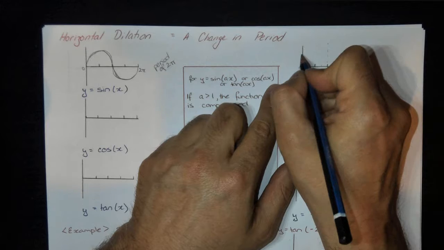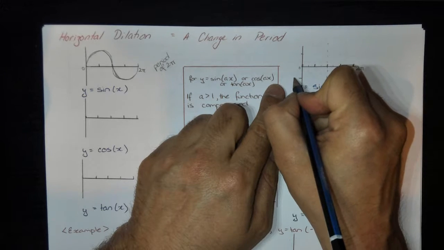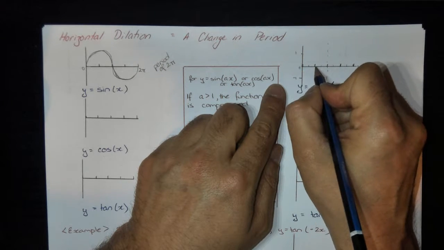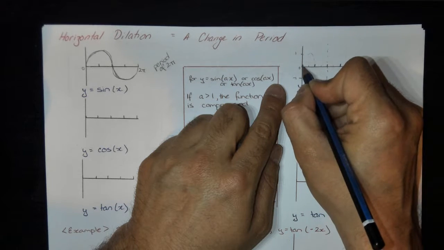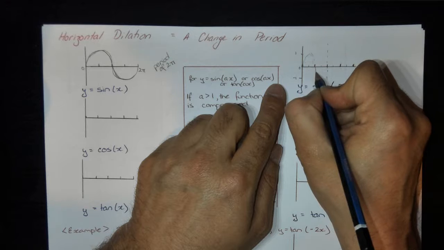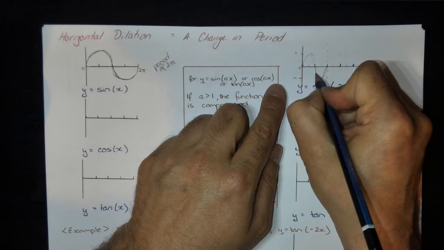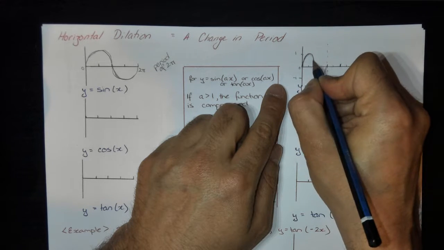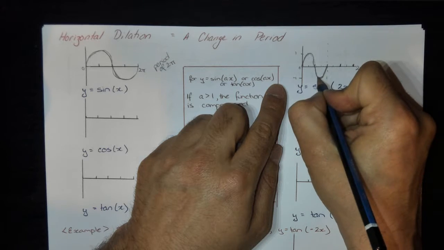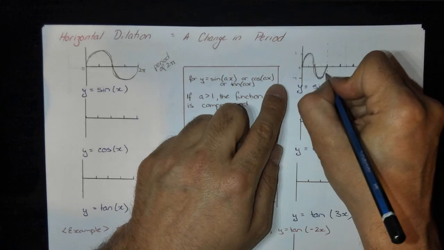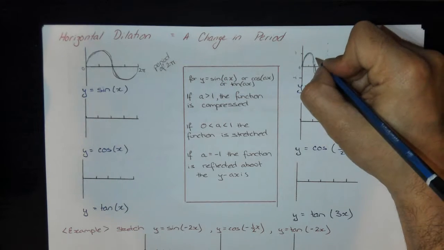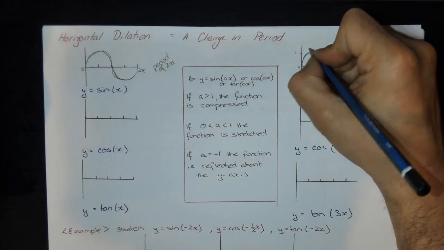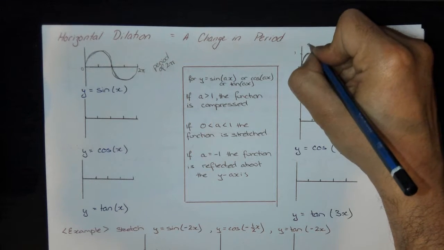And so it still goes from -1 to 1, but I'm going to do my first period between 0 and pi. So here would be pi on 2, and this would be pi on 4.